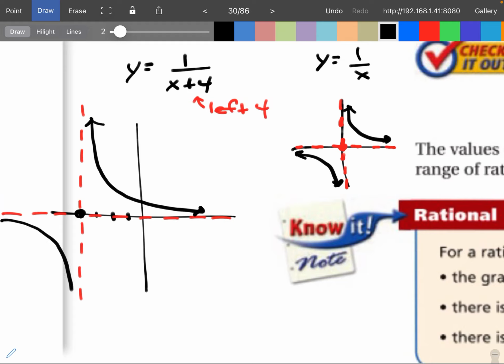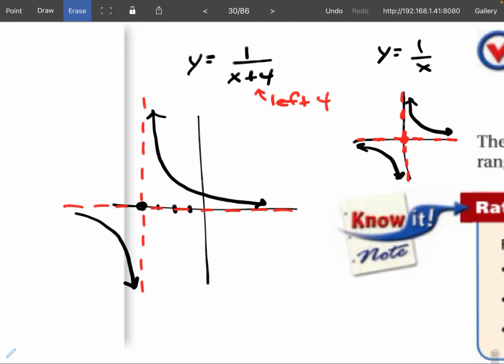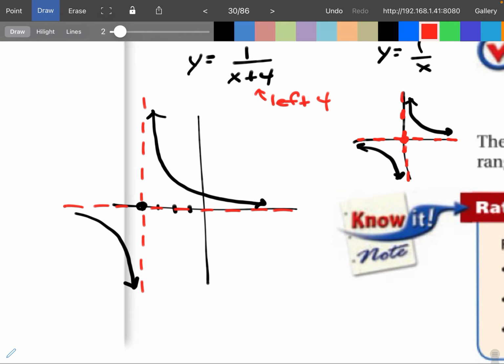And then in quadrant 3, it looked like this. You can slide over a little bit. There you go. Let me fix that up a little bit. Okay, so it looks like that.